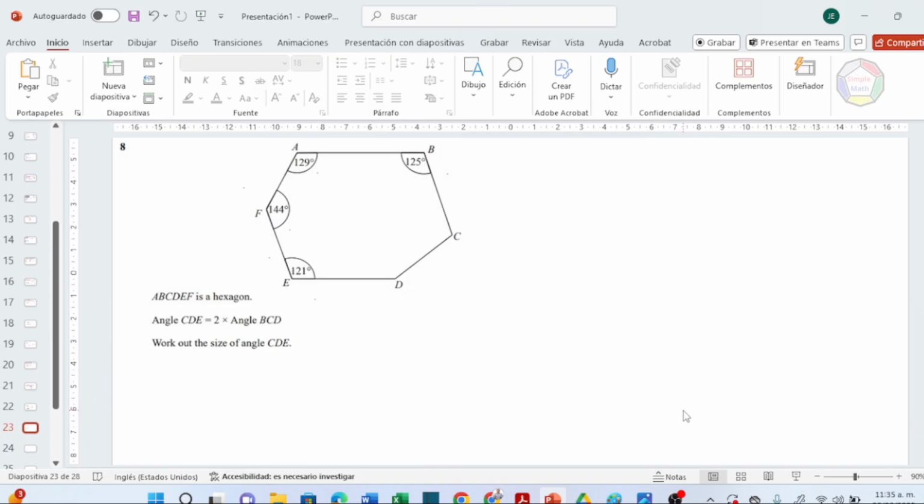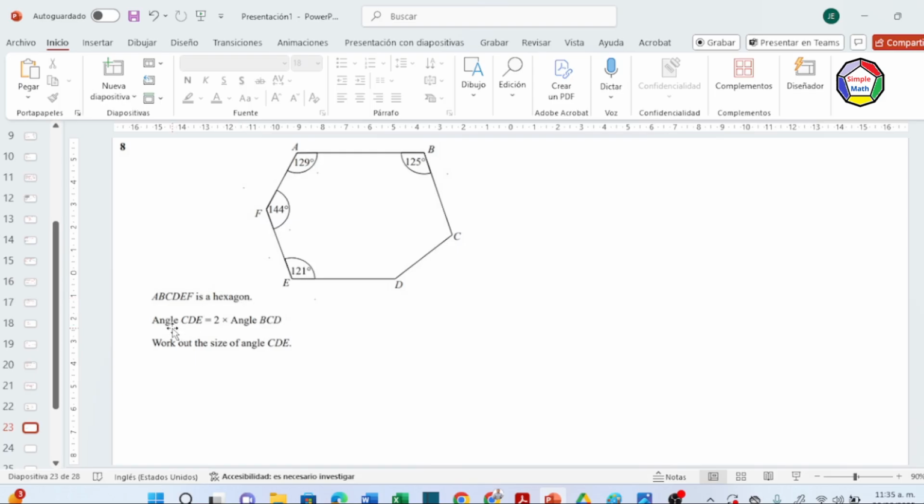According to the information we have, A, B, C, D, E, F, the whole shape, which is a polygon, is a hexagon. A hexagon is a polygon that has 6 sides.